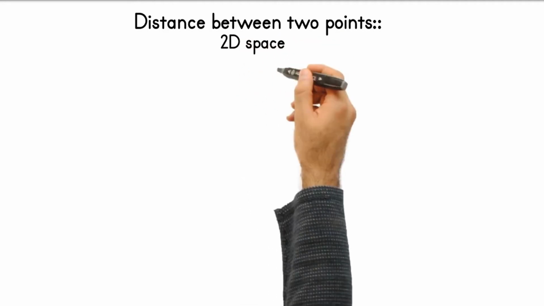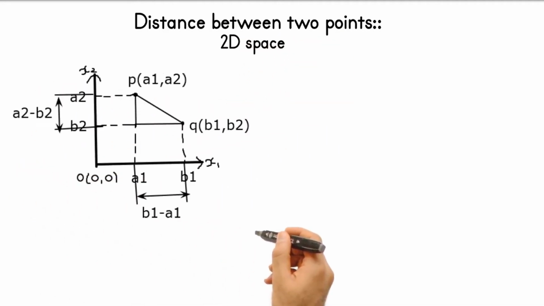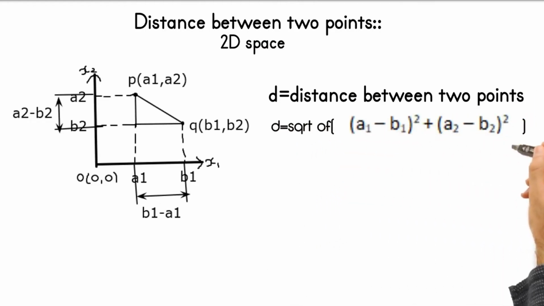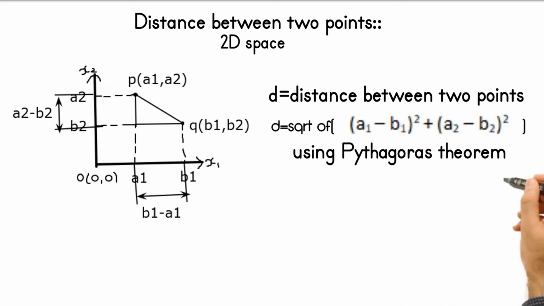Now let's understand distance between 2 points. Let's see an example in 2D. Then we can extend this to higher dimensional space. Let's assume I have two axes, x1 and x2, and I have 2 points P and Q. Let's assume P has A1 and A2 and Q has B1 and B2. Now I want to find the distance between these 2 points.